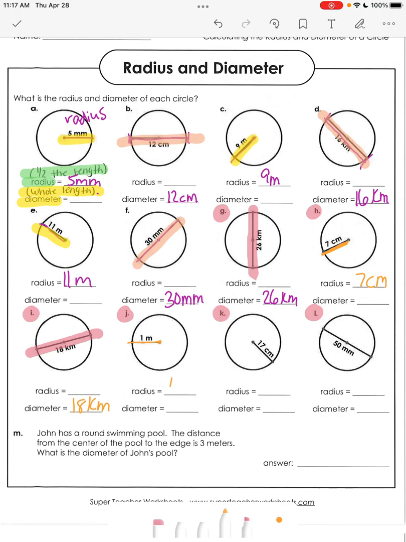Halfway across for J, so that is your radius. Halfway across for K, so that is your radius. All the way across for L, so that is your diameter. Again, hopefully we can see the difference. Your radius is halfway across the circle, your diameter is all the way across the circle.